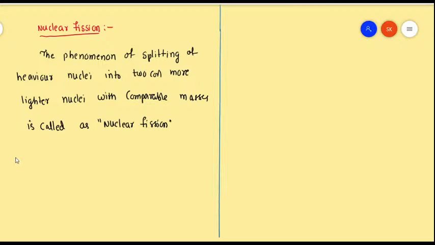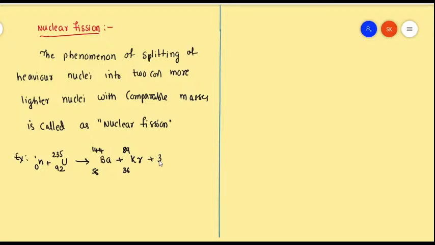For example, when one neutron is bombarded on one heavy nucleus, uranium, with mass number 235 and atomic number 92, you will get barium and krypton. In barium, the atomic number is 56 and the mass number is 144, and krypton has atomic number 36 and mass number 89.